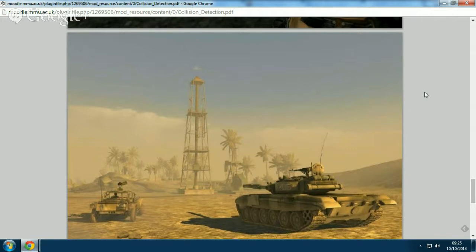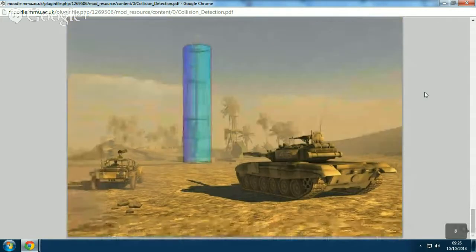Now, for the purposes of the game, you just want to shoot the thing down and get some feedback. For the purposes of the game, and in order to do it efficiently and to have the action happening very quickly and realistically, an approach might be, well, we'll just treat the oil rig as if it was just a simple cylinder. And so we'll shoot something at it, and all we'll do is just detect whether the thing hits the cylinder or not.